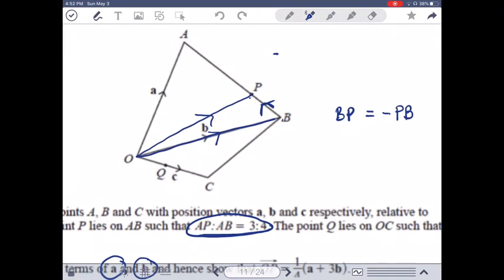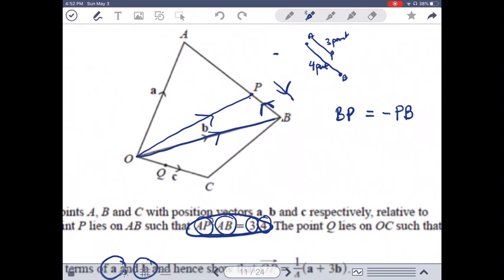How do we find vector PB? From this question, we know that AP is to AB equals to 3 is to 4. Means that AP is 3 parts, AB is 4 parts.